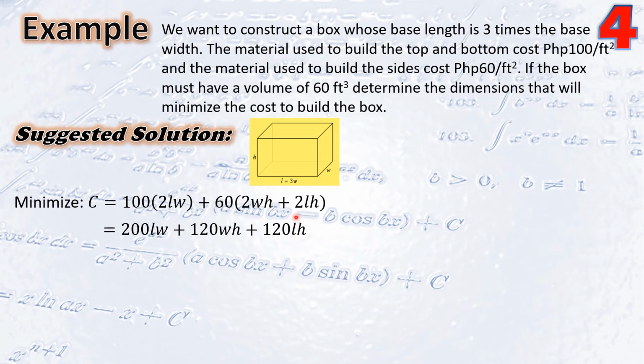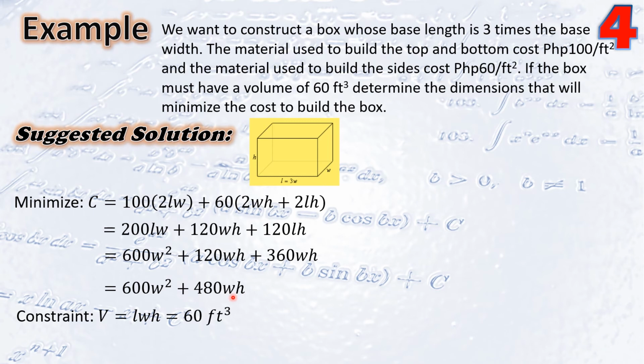And since L is equal to 3W, we will substitute L is equal to 3W and get 600 W squared plus 120 WH, plus 120 times 3W, that is 360 W times H.